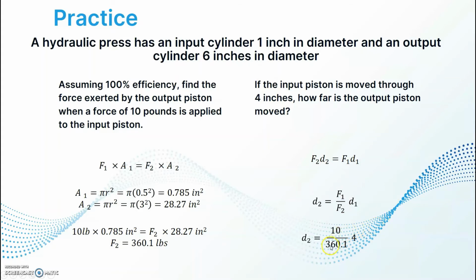So we do 10 over 360.1 times 4, and it goes up by 0.11 inches. So by applying 10 pounds of force on one side, it raises 361 pounds on the other side, and the one goes down 4 inches, but the other one goes up by only 0.11 inches.